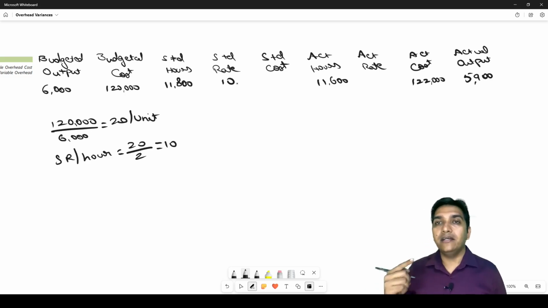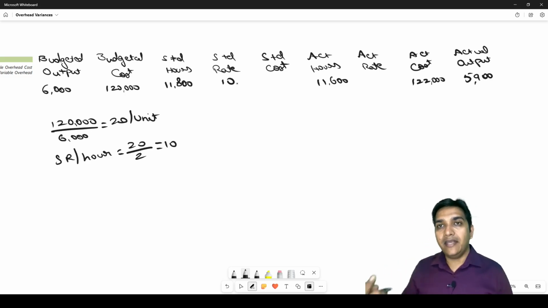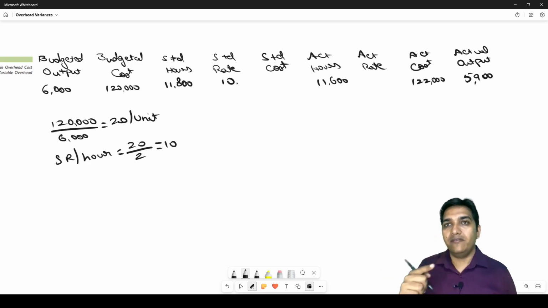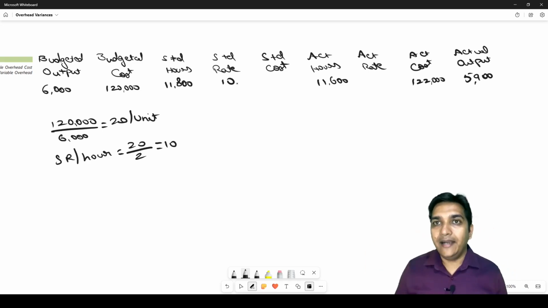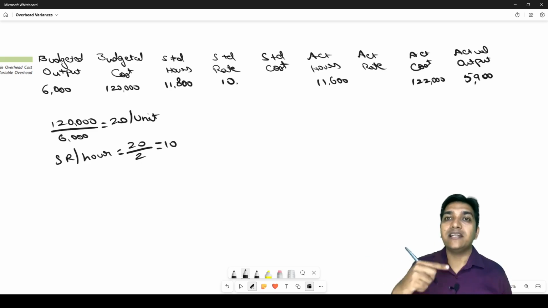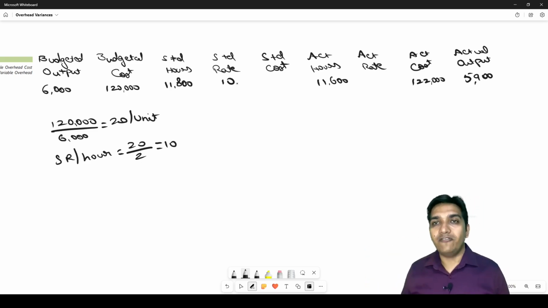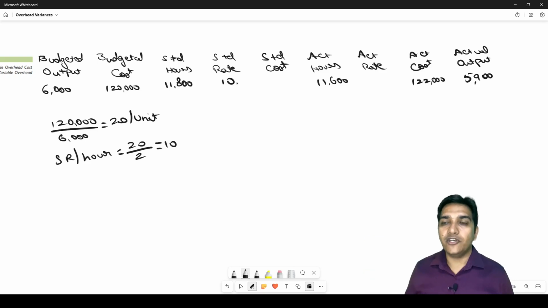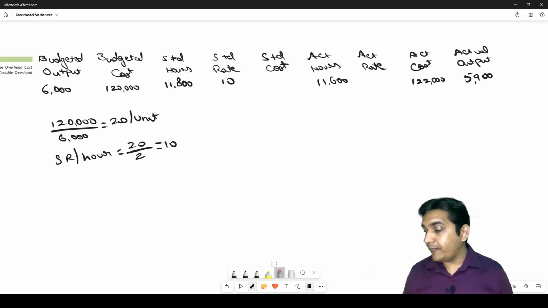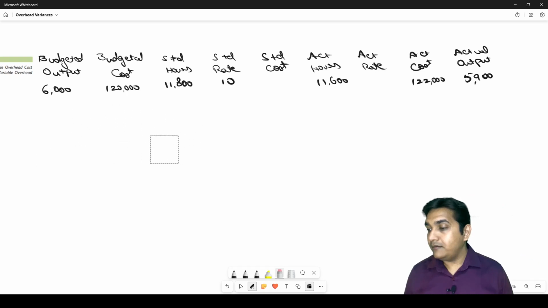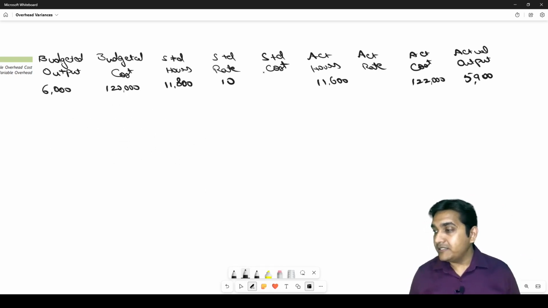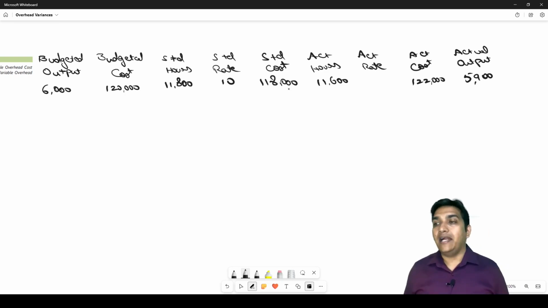We should take in terms of hours, because we are taking standard hours and actual hours, not standard quantity and actual quantity. So our standard rate should also be in terms of hours and actual rate should also be in terms of hours, right? So my standard cost is going to be 1,18,000, which is standard hours into standard rate.